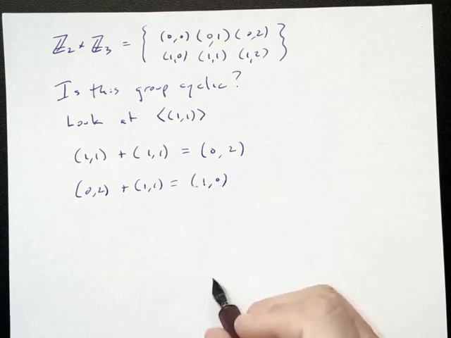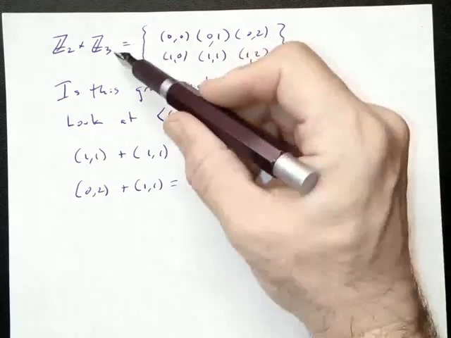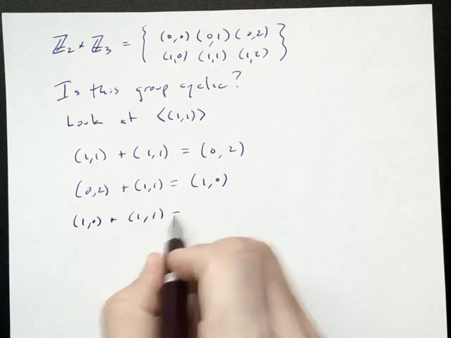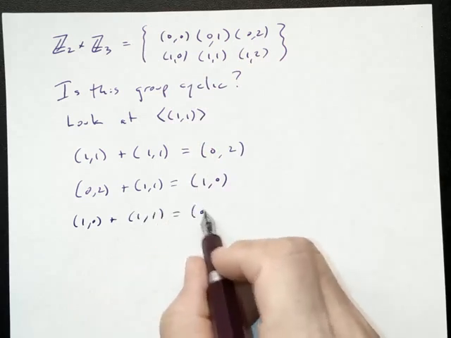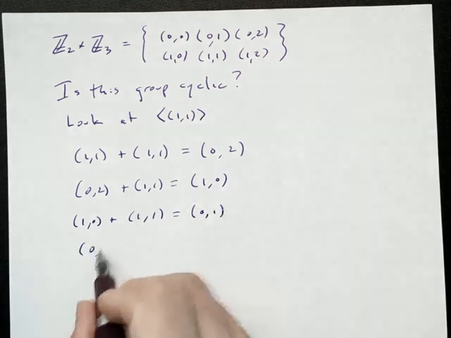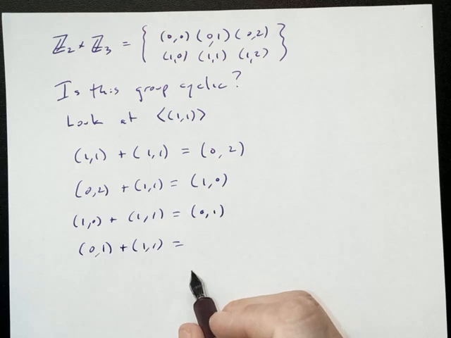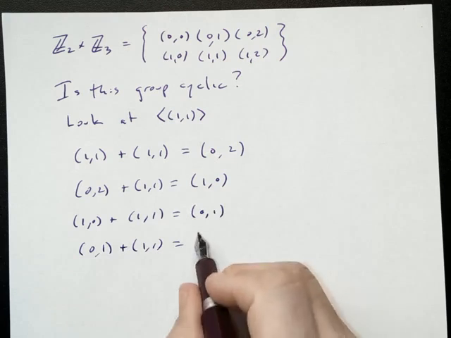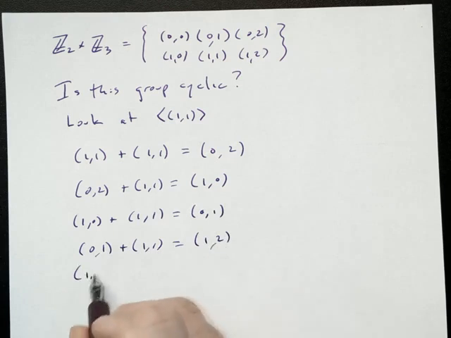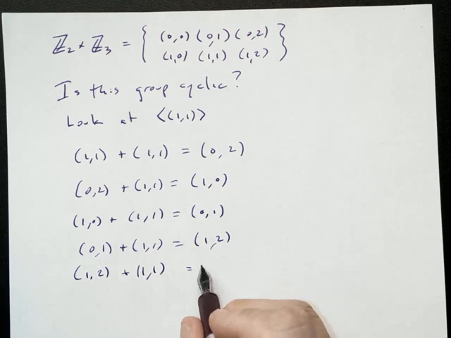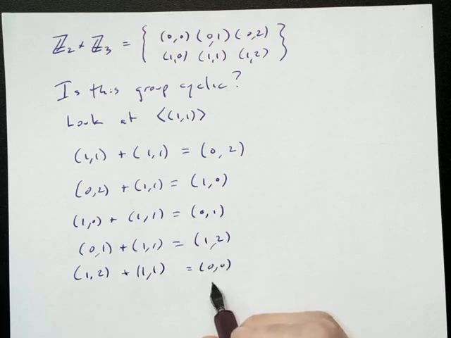I'm adding mod 3 in the second component. 1, 0 plus 1, 1 is 0, 1. 0, 1 plus 1, 1. 1, 2 plus 1, 1 is 0, 0. Which means if I add 1, 1 again, I get back to 1, 1, right? So from 1, 1, I got them all.